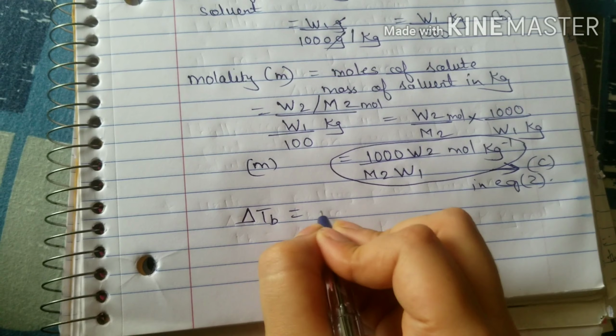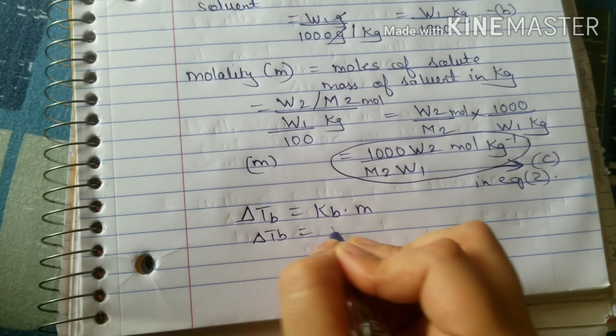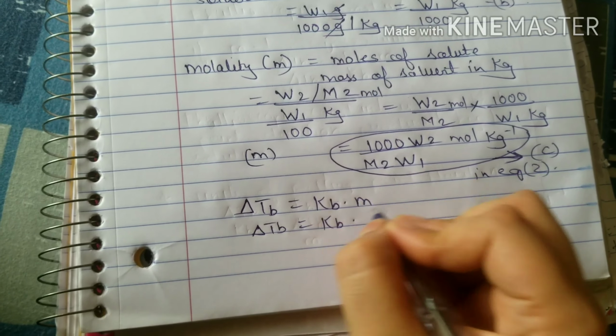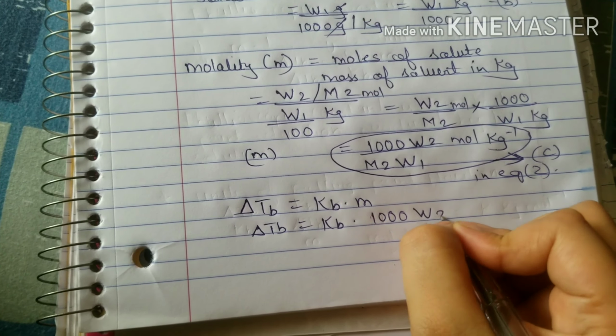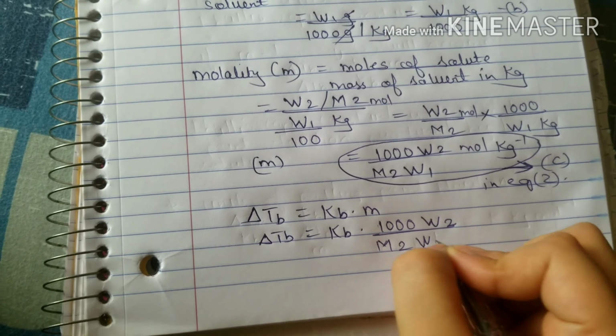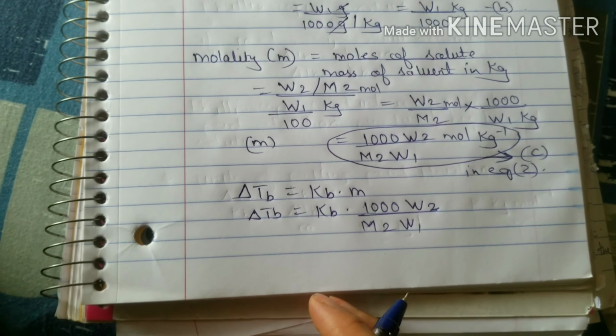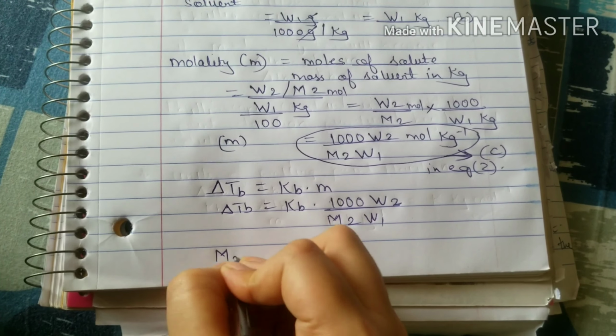Delta TB is equal to KB m. So delta TB is equal to KB will remain as it is, and in place of m you write this: 1000 W2 upon M2 W1. And now if I want to calculate the molar mass of solute, then remove this M2 out.